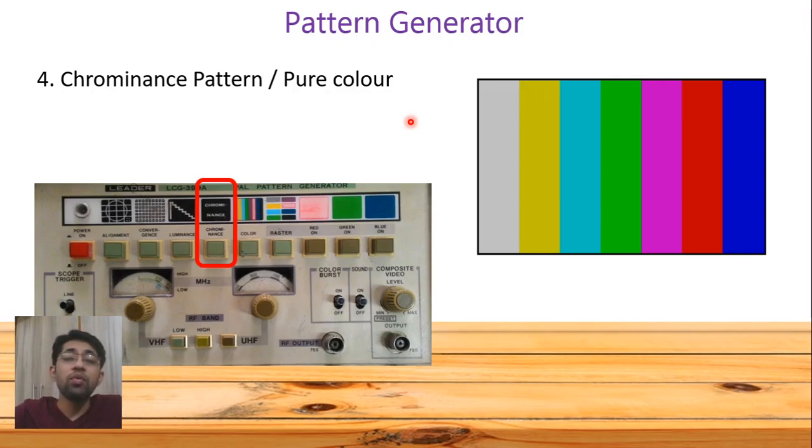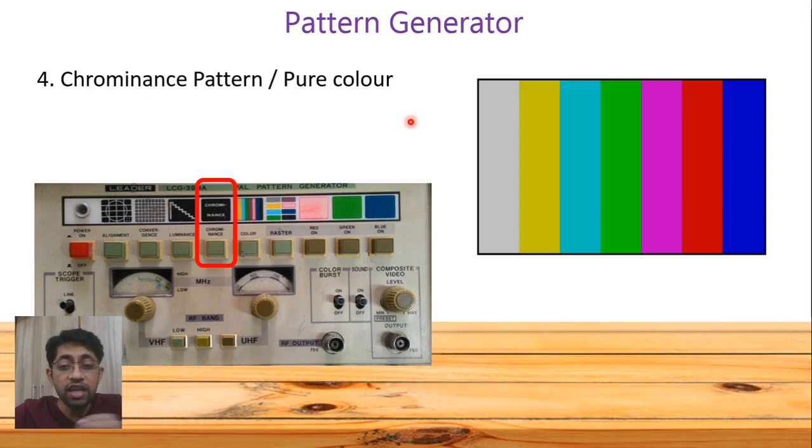So if one has to adjust the circuits of the color sections or chrominance section, like the color amplifier or color demodulator circuit, and wants to guess the problem in those circuits, this chrominance pattern is very helpful.